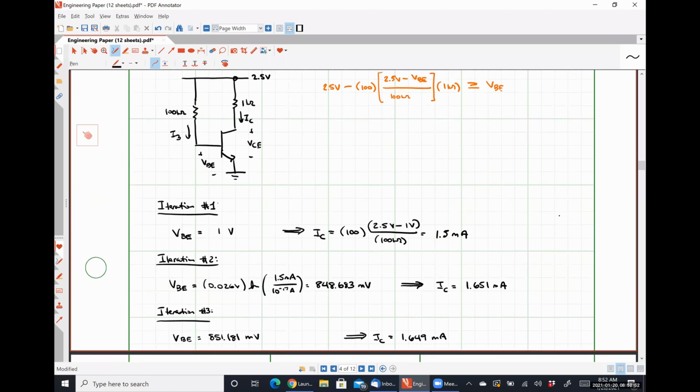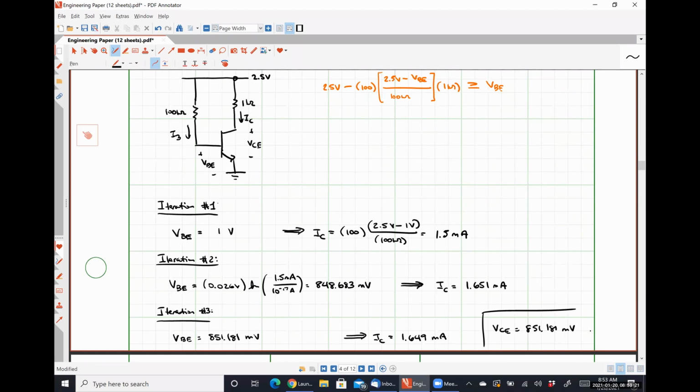So VCE equals VCC minus IC times RC. So let's sneak that in right here. That would be 2.5 volts minus 1,000 times the variable I have stored as Y, which gives 851.181 millivolts.